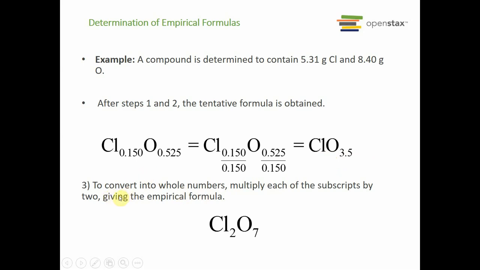So we look at multiplying things by 2, and sure enough, that gives us our smallest number of integer subscripts, 2 and 7. So Cl2O7 is the empirical formula for this composition, this elemental analysis that was done on the sample.